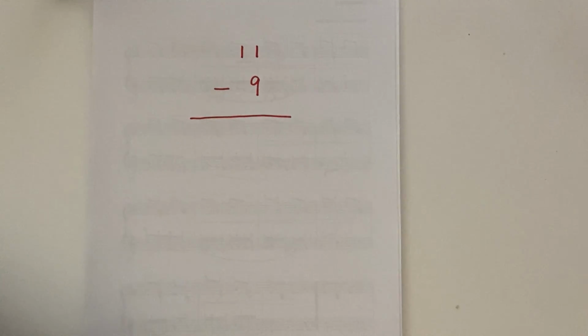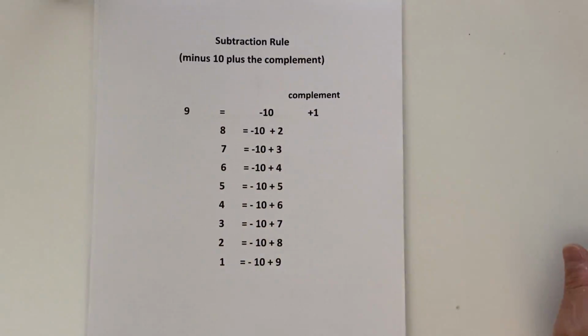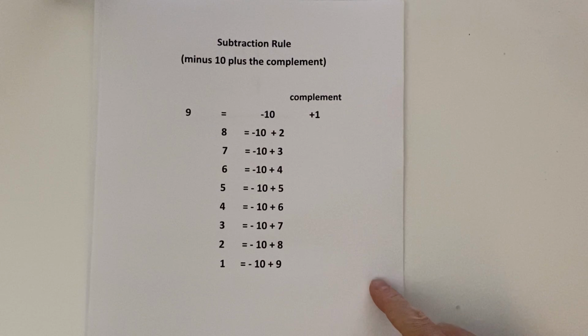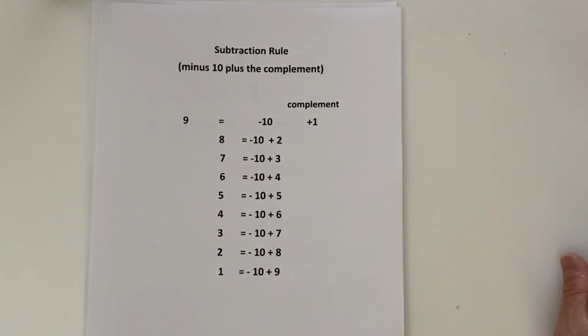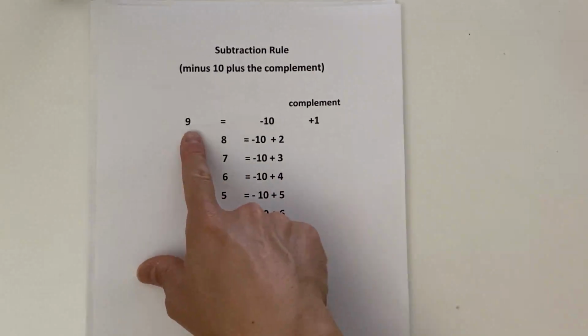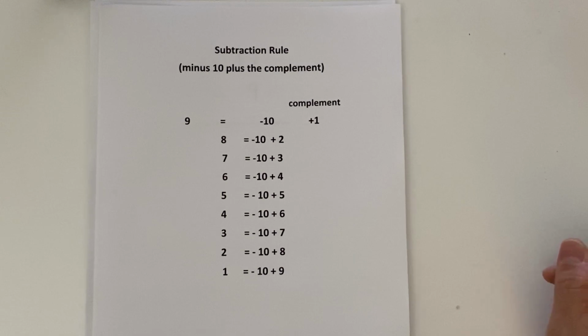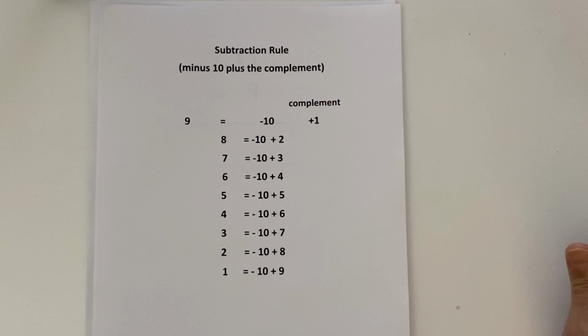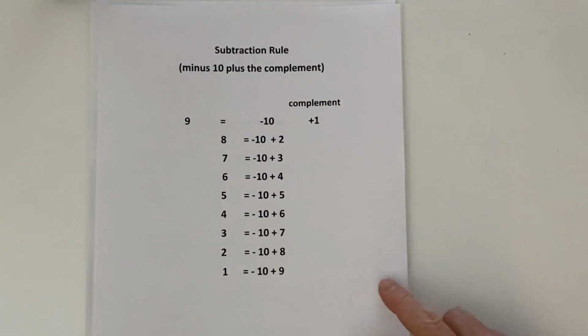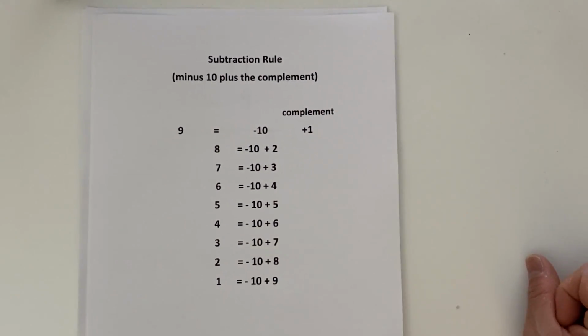Specifically, the subtraction rule is this. Because 9 and 1 are the complements to make 10, when we try to subtract 9 and we don't have enough beads to remove, the rule is that we minus 10 and plus the complement of 9.